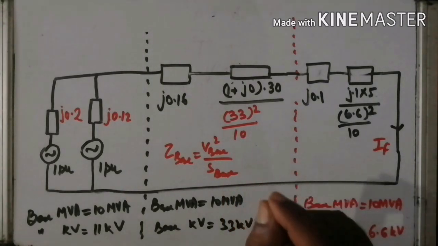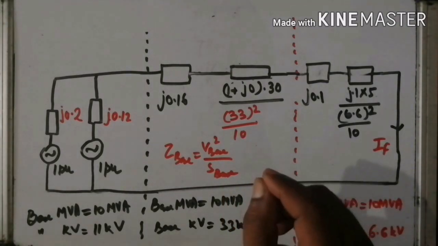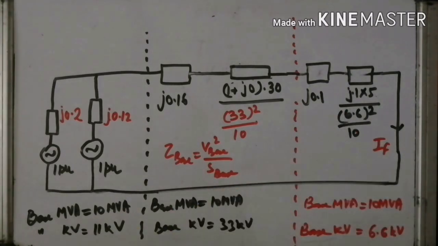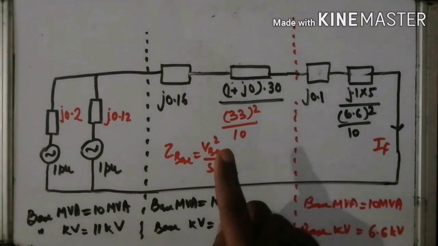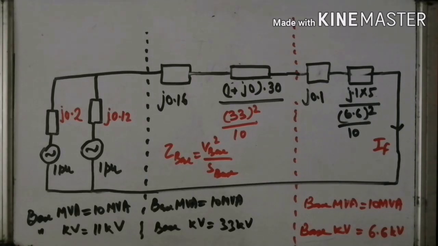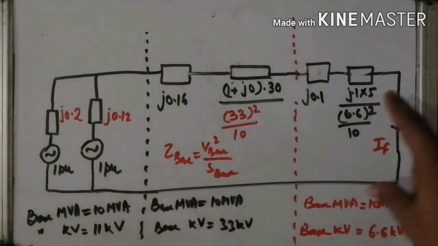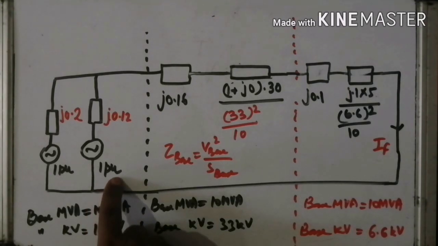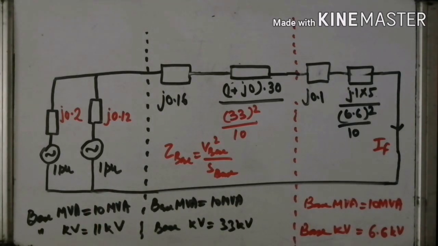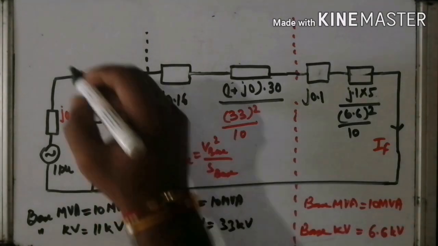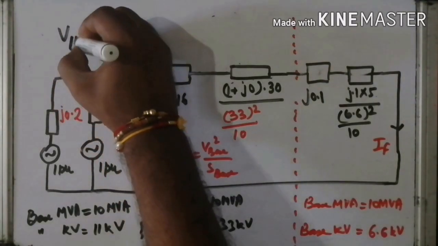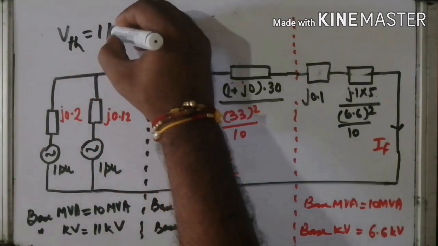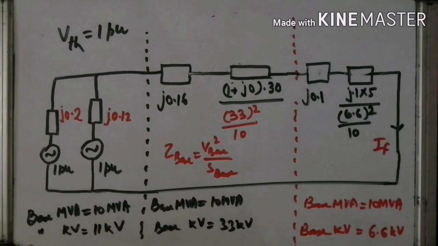The condition is given that the system is operating at no load rated voltage condition before the fault occurs. Okay, that's why the voltage across these two terminals is 1 pu, right? Okay, voltage, that is Thevenin equivalent voltage, is 1 pu. Now I'm going to calculate ZTH.